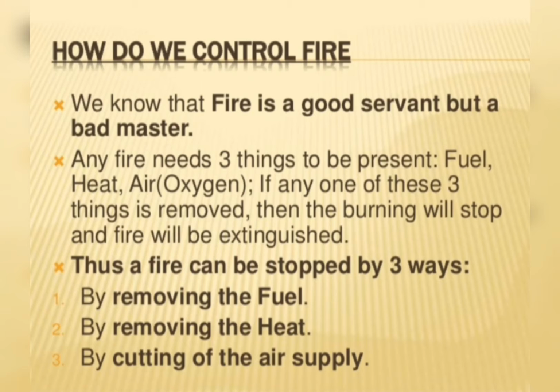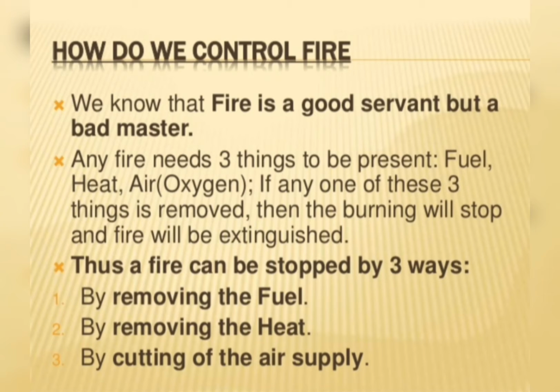Now, we should also know how fire is caused and what the different ways of firefighting or putting out fire are. So, let us discuss that. Any fire needs three things to be present, right? There are three criteria for combustion. The first was fuel, or the combustible substance.